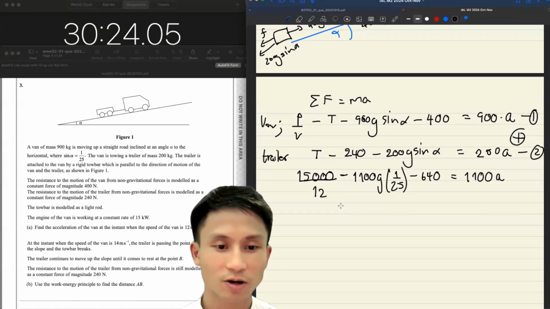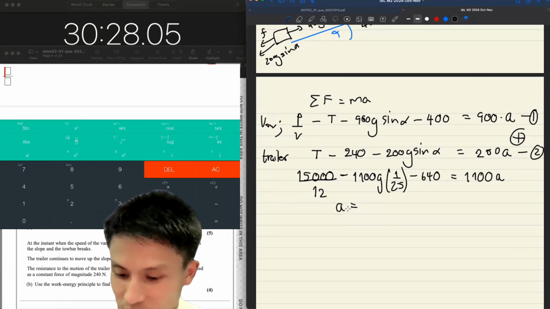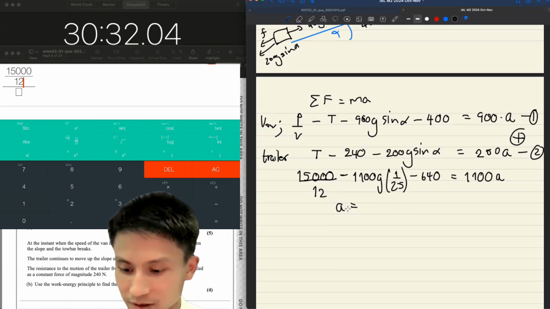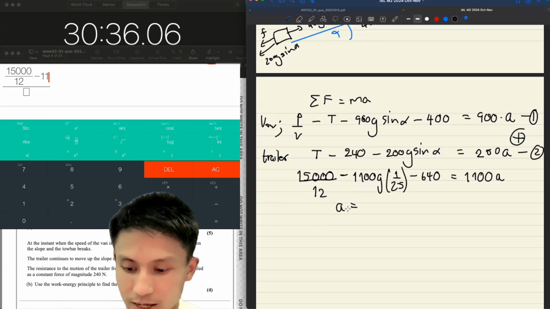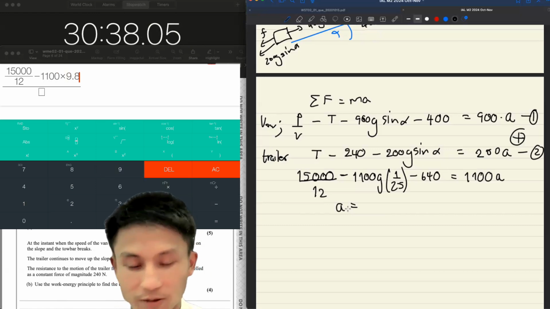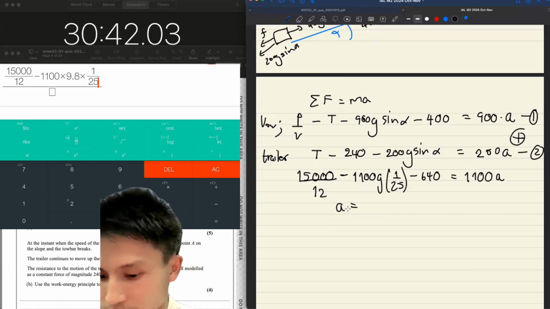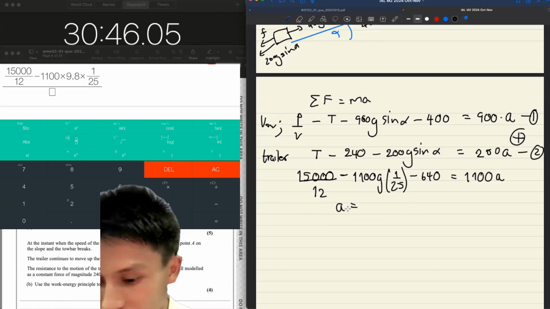I'm just going to put everything in my calculator all at once because mental math seems a little mind-boggling here. And the g value in this paper is 9.8 usually. So we're going to take 9.8 there because it doesn't want it in terms of g.